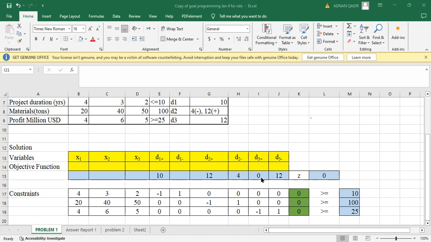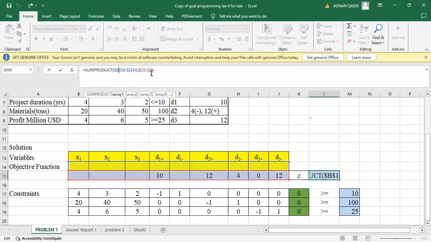You expect that this can be more than 12, so you can write 0 here and 12 here. Anyhow, it is not going to make a difference whether you write it here or there. This objective function will be the sum of products of B12 and B15 to J15.